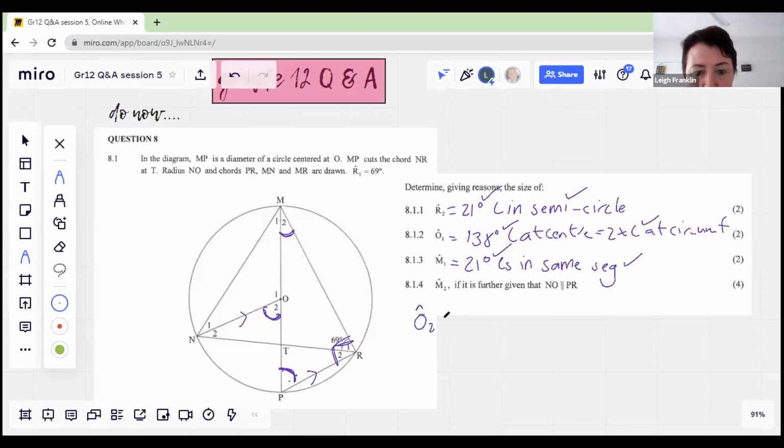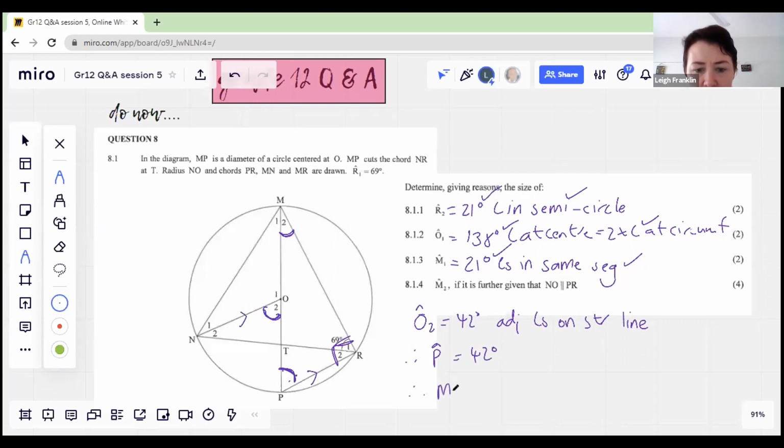So O2 would be equal to 180 minus 138, which would leave us with 42. That would be adjacent angles on a straight line. And therefore, P, there's nothing else at P, so we can call it that, P would be equal to 42.